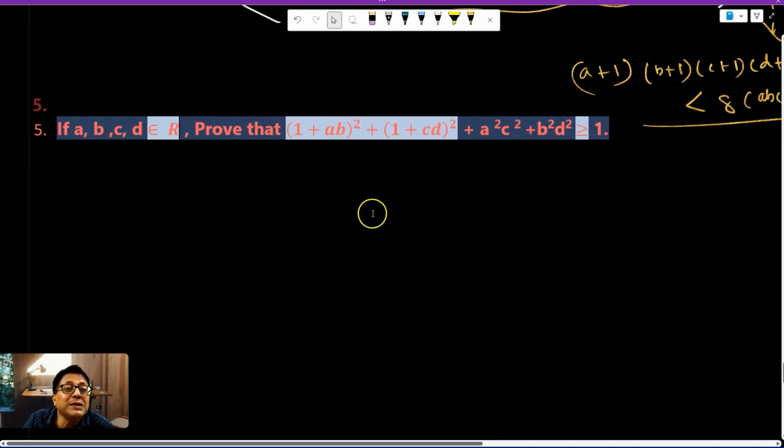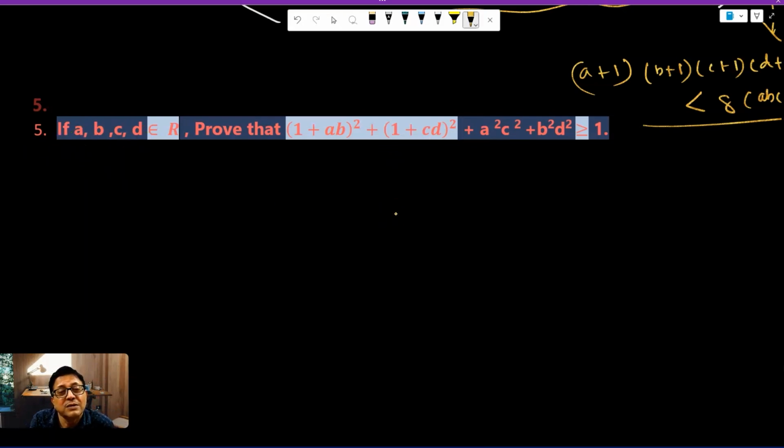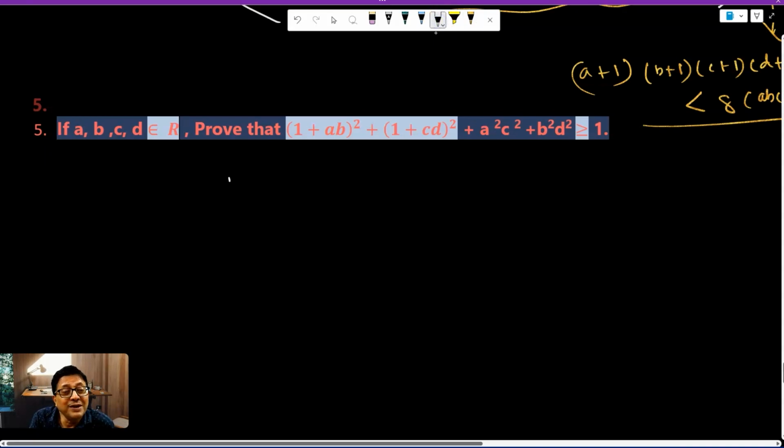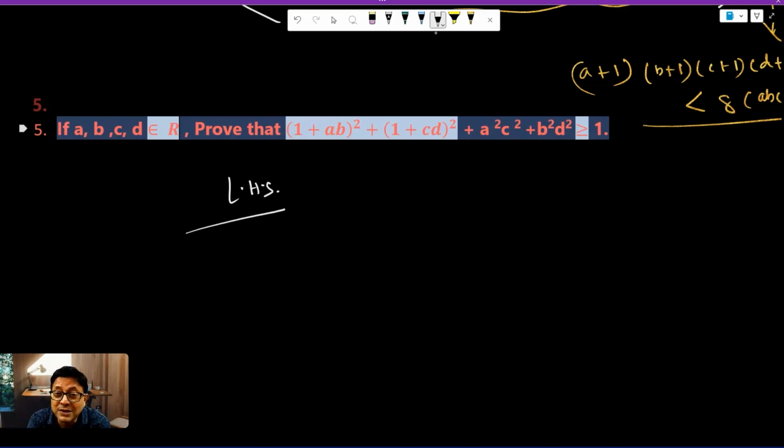Only thing we know, a, b, c, d belong to R. So when there is no way, one way is there: just expand and check, and try to prove that the left hand side is a quantity which is 1 plus some positive quantity, so that you can always say that it is greater than or equal to 1.